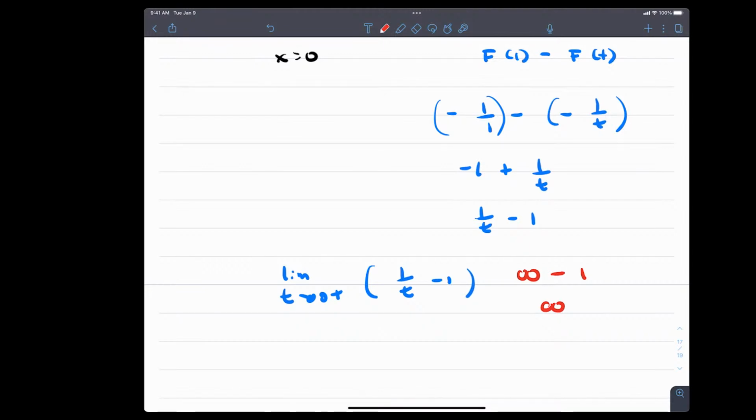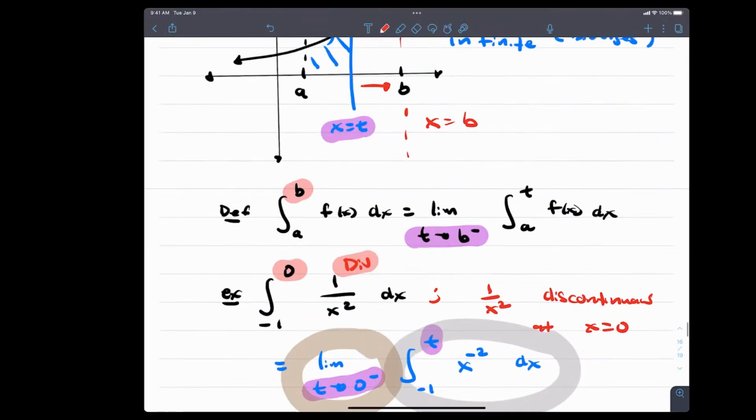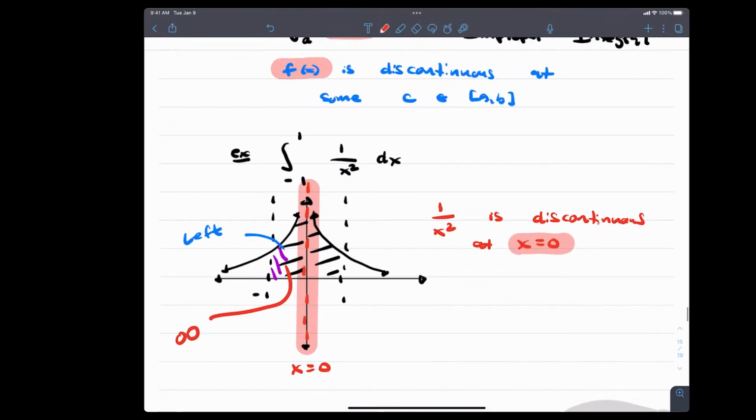Now, that should make sense. Let me tell you guys why this makes sense. This area we found out is actually infinite, right? And isn't that like area above the x-axis? So it should be positive, right? Just kind of remind you guys. Just like up here, we did the other side. This is also infinite.